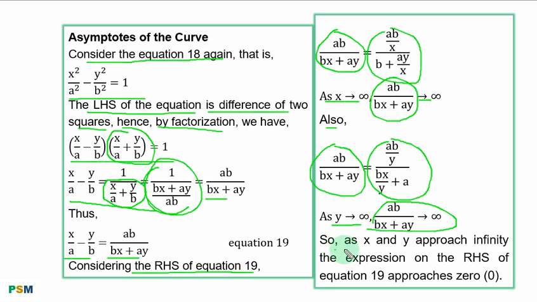So as x and y approach infinity, the expression on the right hand side of equation 19 approaches 0.